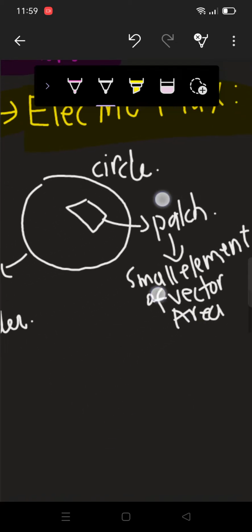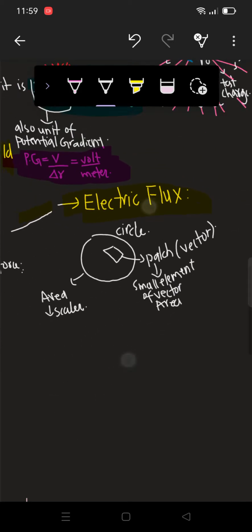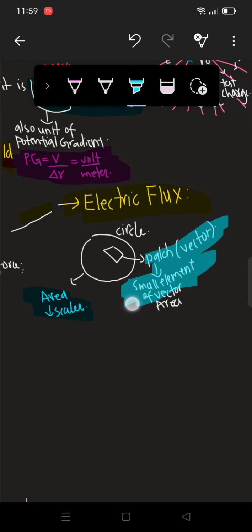So this is a vector. Now why is this a vector? The area we're taking from the circle was a scalar, but if I am taking a small element from that, why is that a vector? Why is that not a scalar? Let me tell you now.